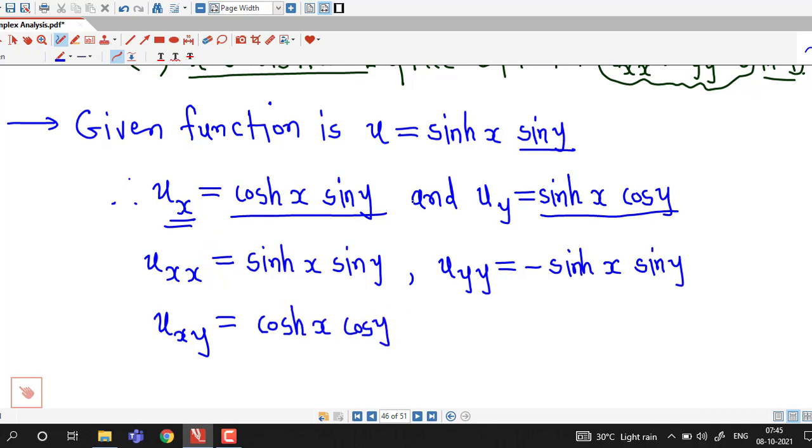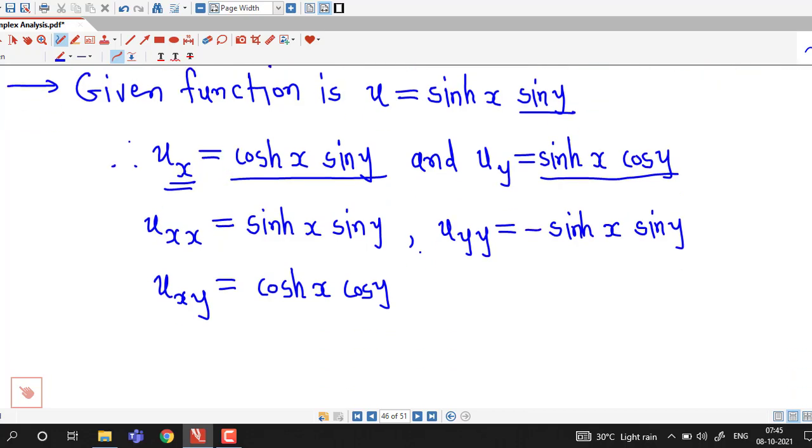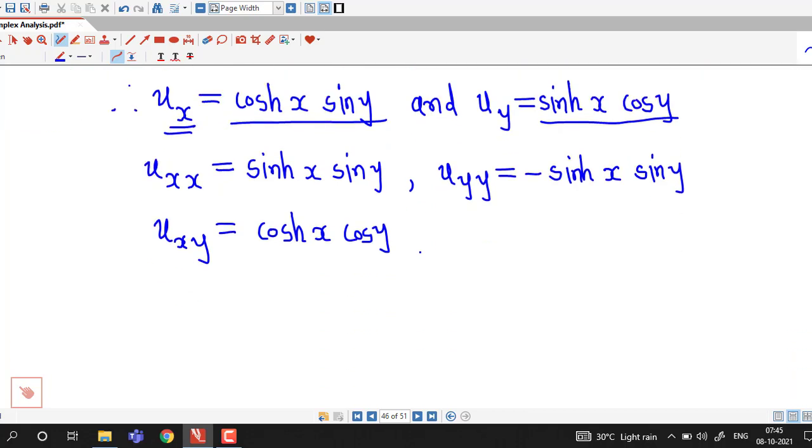So we can see all these derivatives are in terms of hyperbolic functions and trigonometric functions sine and cosine. We know that all these functions are continuous at every point in the complex plane.